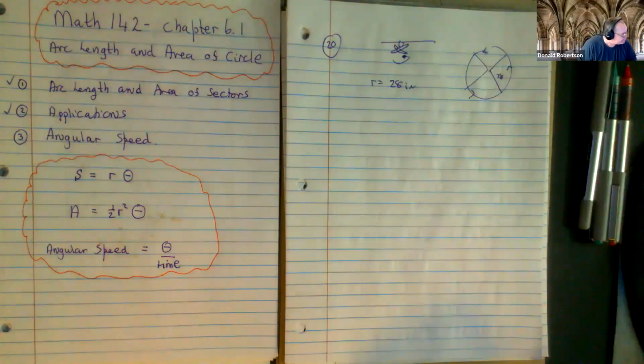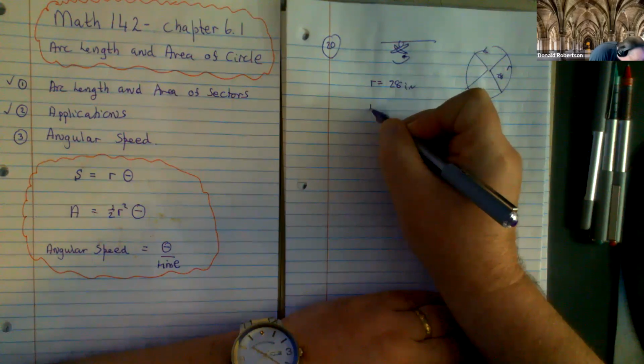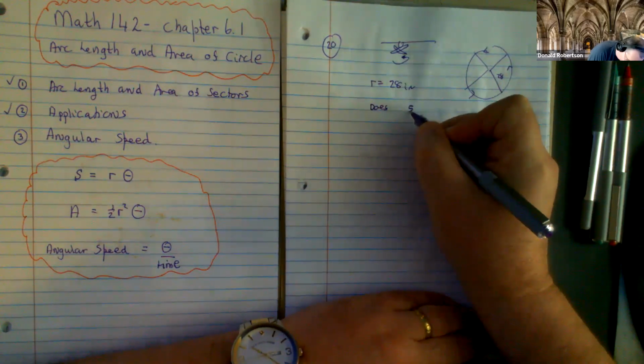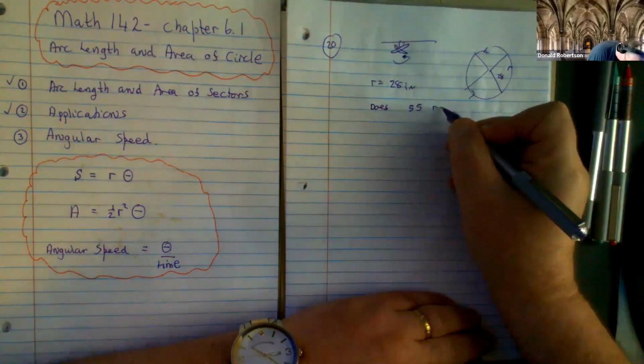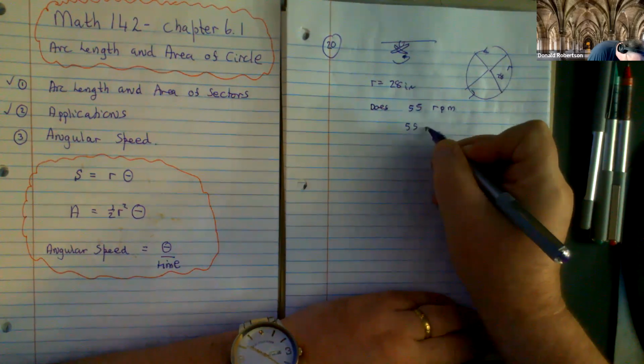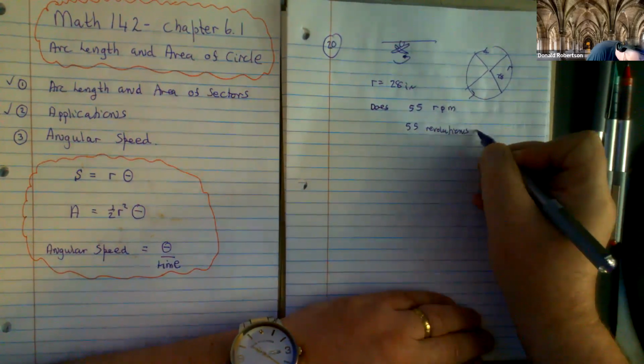That's good. And then you're told that the blade does 55 RPM, which is short for 55 revolutions per minute.